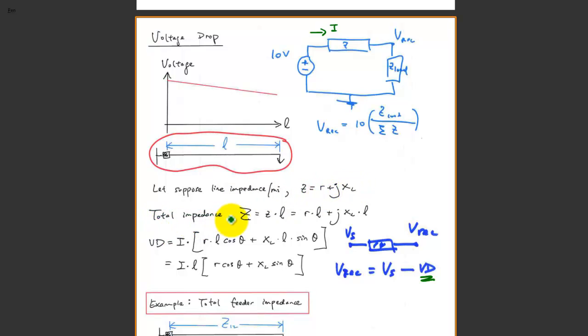The total impedance is determined by the total distance from the source to the end, so we have to multiply by the length, and that's how we get the voltage drop: current multiplied by length. Factor L out from the real and imaginary parts, and then we use this for the calculation.